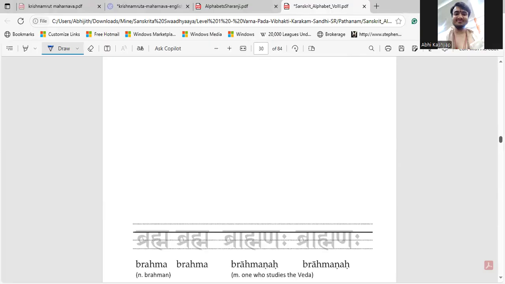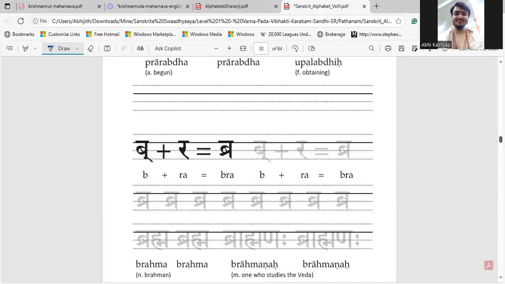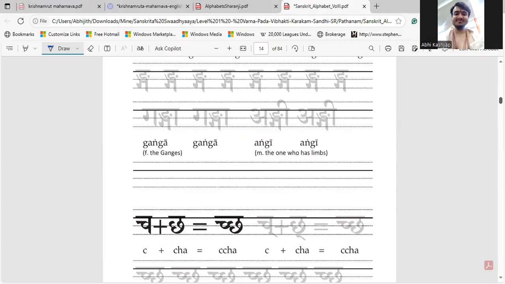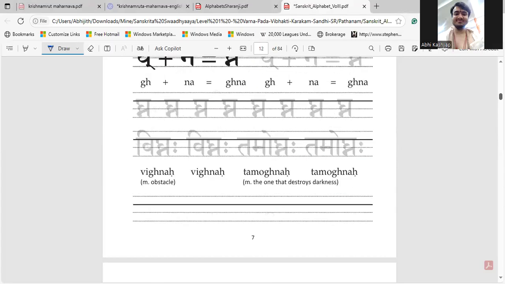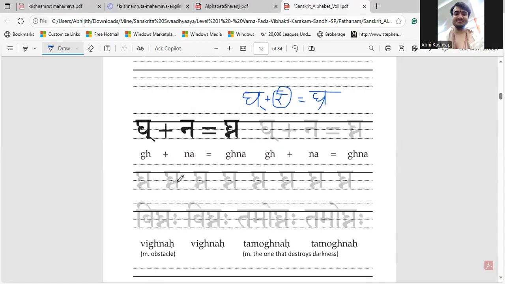The joining them together is a little difficult because usually what happens when we see this, if it becomes a secondary Vyanjana, we usually take half of it. When it becomes a primary Vyanjana, then we take complete.